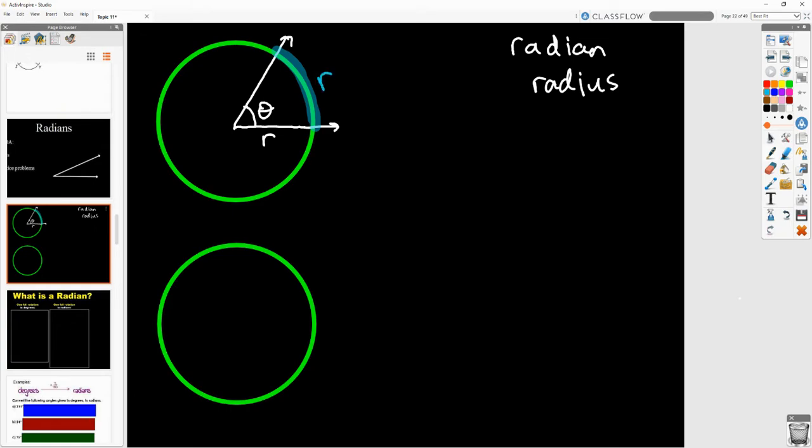So that arc length was also r. If that is the case, then that angle theta equals 1 radian.